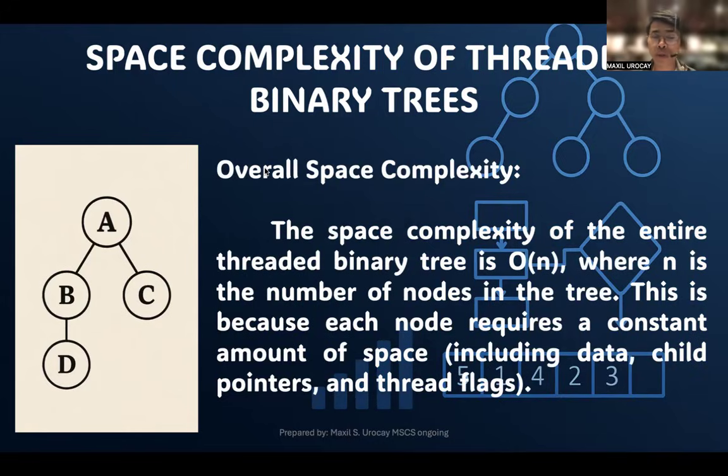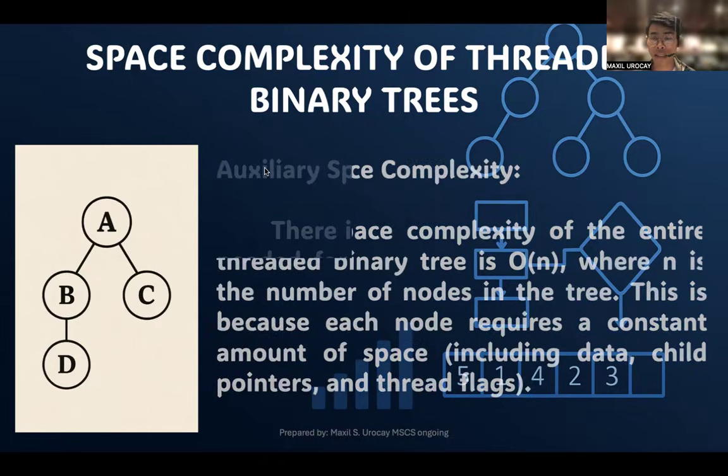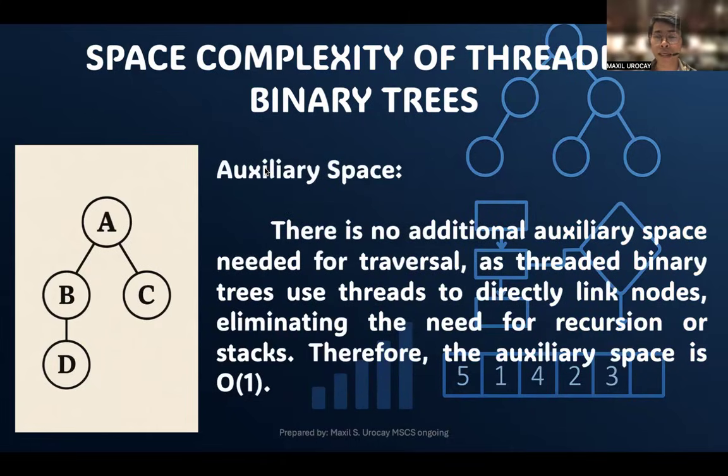This is because each node requires a constant allocation of space, including data, child pointers, and thread flags. And for the auxiliary space, there is no additional auxiliary space needed for traversal, as threaded binary trees use threads to directly link nodes, eliminating the need for recursion or stacks. Therefore, the auxiliary space is constant.